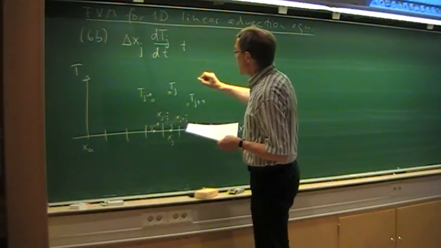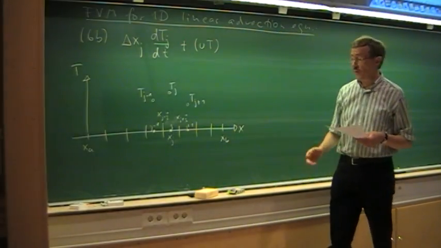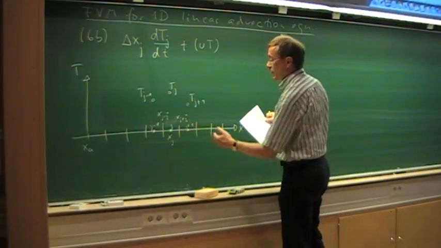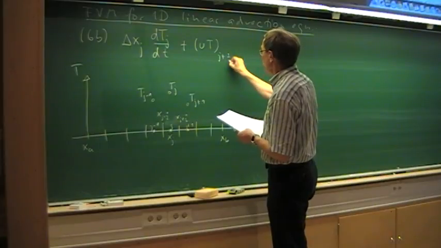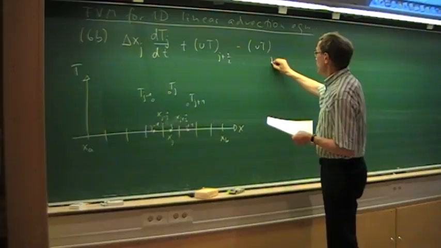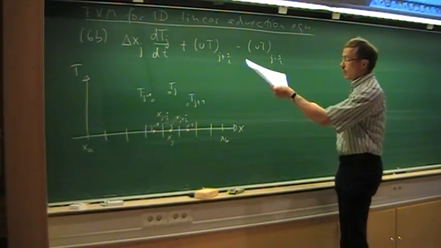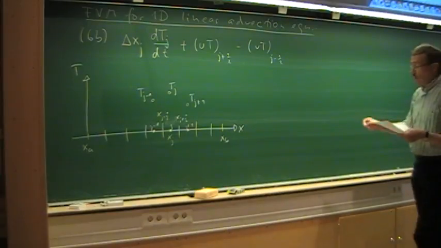And then we have the fluxes, the convective fluxes, and we have a flux over the right edge, that is the eastern edge, at j plus 1/2, and a flux over the left face j minus 1/2. So that is the convective flux balance, you could say, and that is 0.